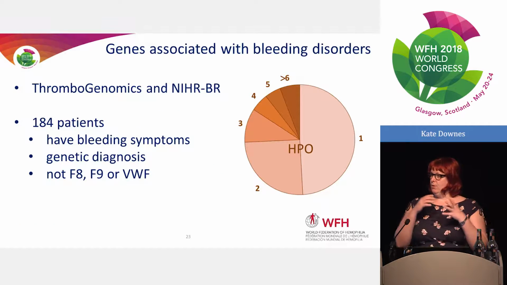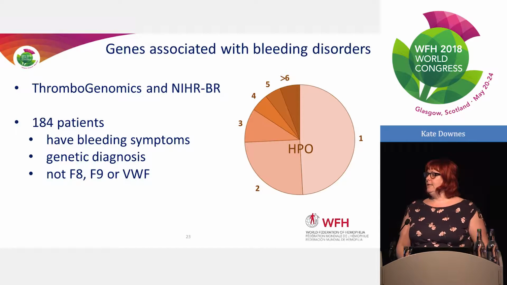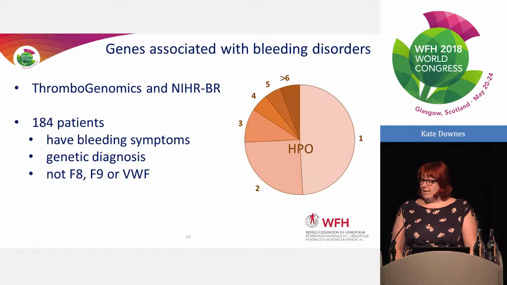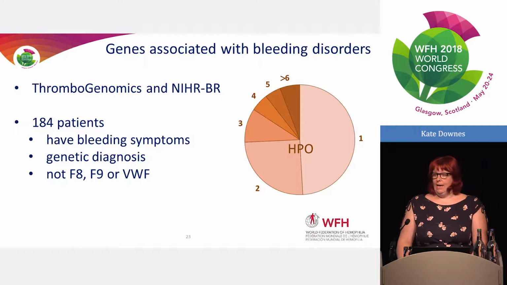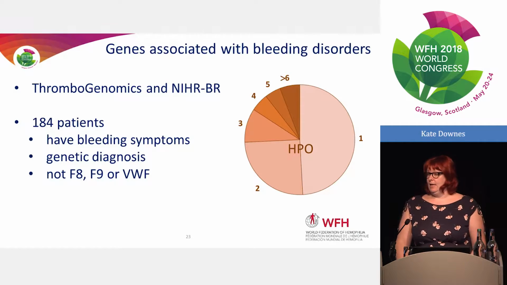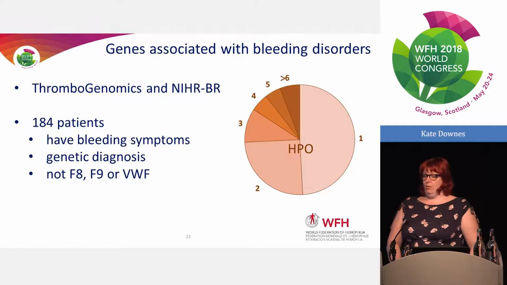So I went into our database and I pulled out 184 patients that had bleeding symptoms. They had a genetic diagnosis that we'd identified. And I put aside the factor 8s, factor 9s, and the von Willebrands. And you can see the distribution of the HPO codes that we have.